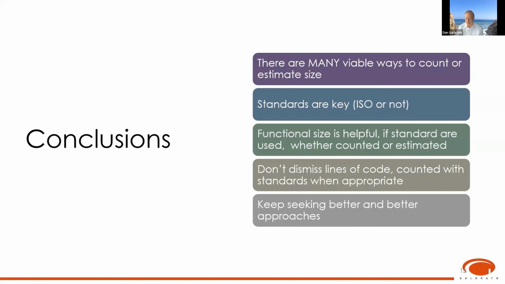And keep seeking better and better approaches. The state of the practice is pretty good now, but the day we stop looking for how to get better is the day things I think will start going downhill a little bit. And I'm thrilled for conferences like this and the work that Nesma and others are doing to keep getting better and better. This is a great work.